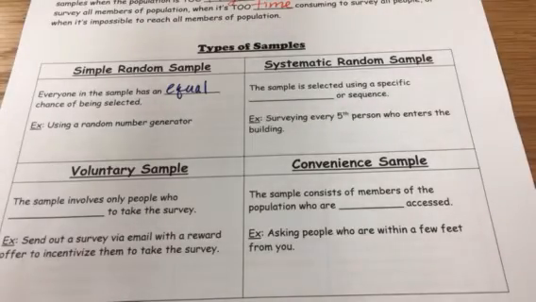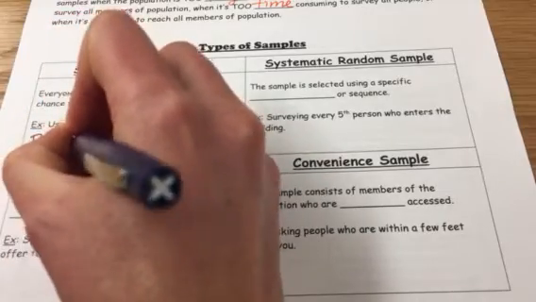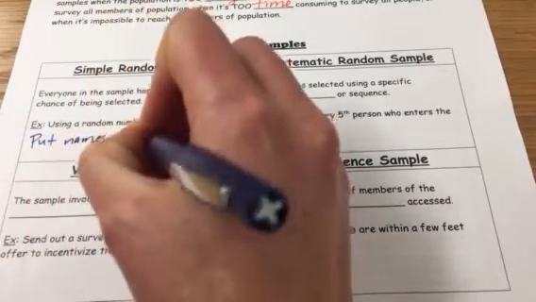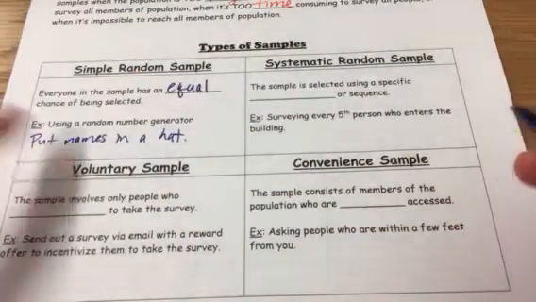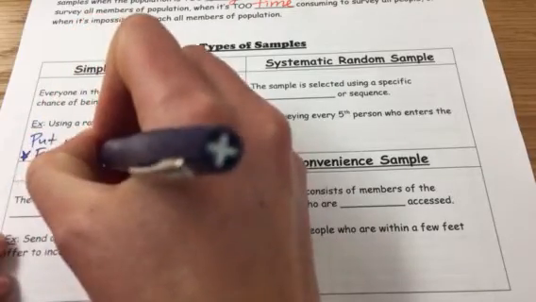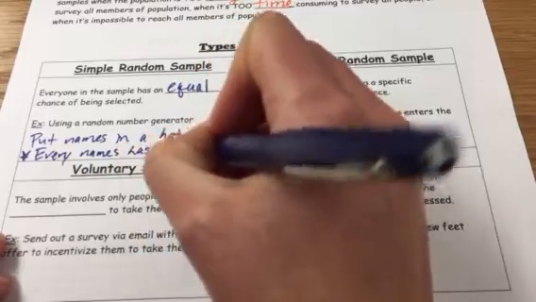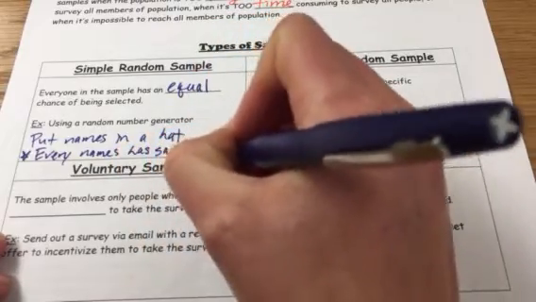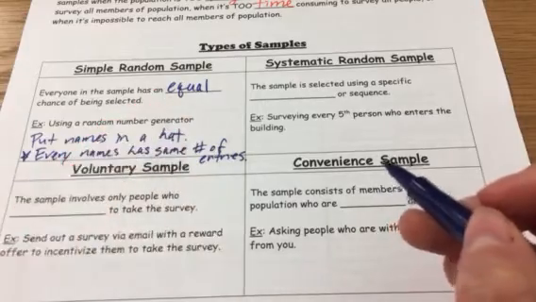You could put everybody's name into a hat. But the thing is, every name has to have the same number of entries, because that's what makes it even and equal for everyone to be selected.